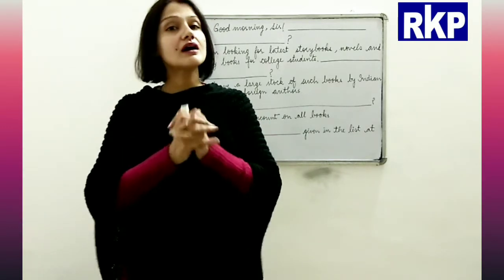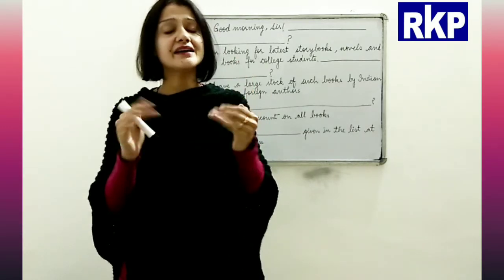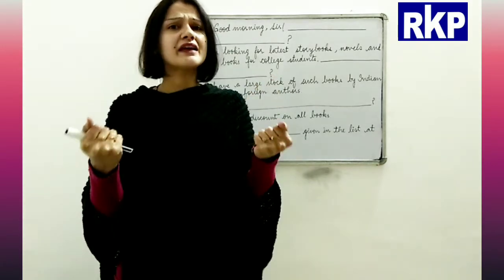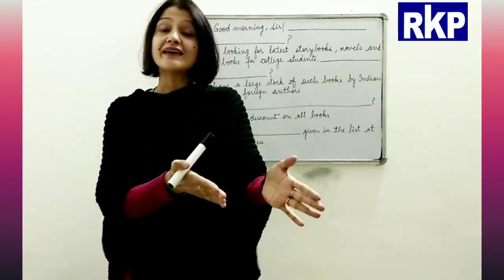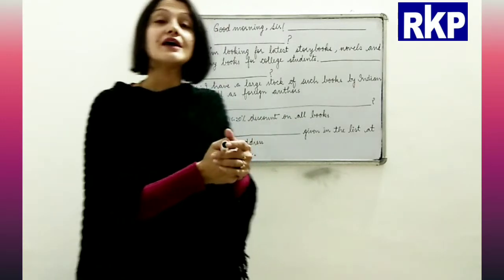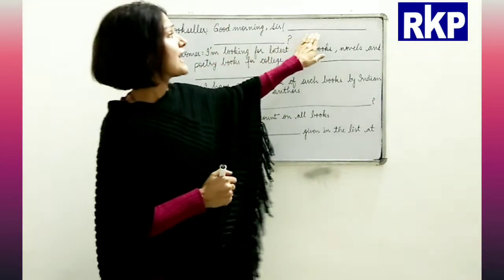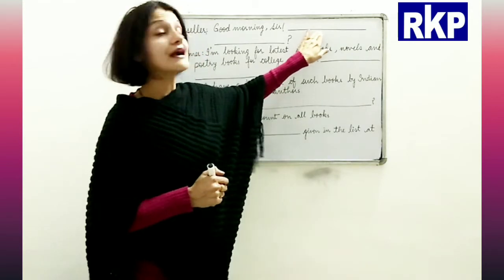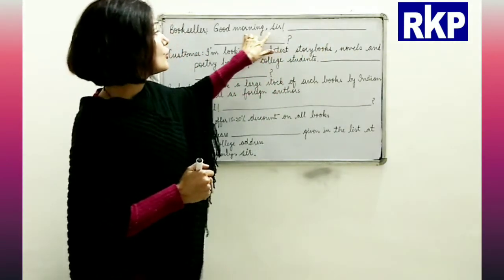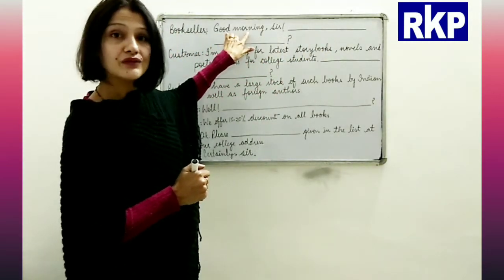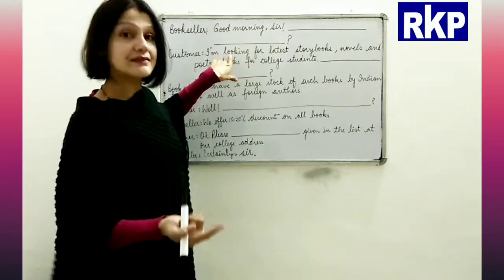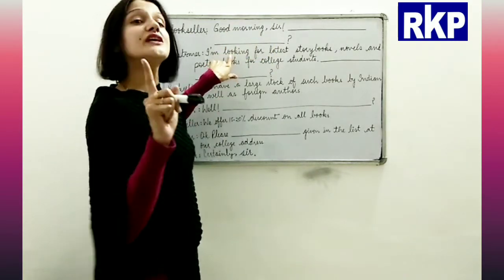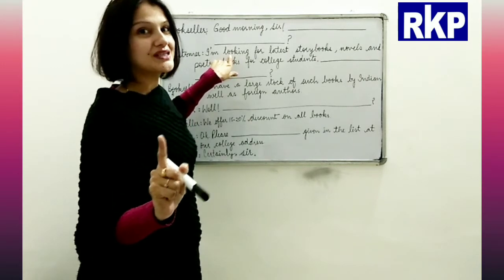This way you will get a good dialogue to supply in the blank space. So if we have to supply a dialogue here, we should look at this sentence, and we should also look at the next sentence. This was the first point.